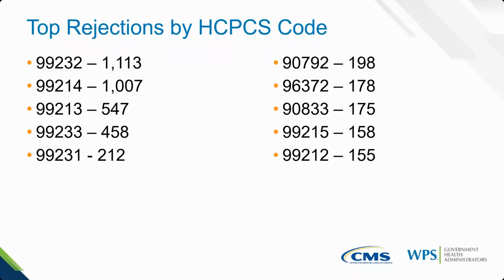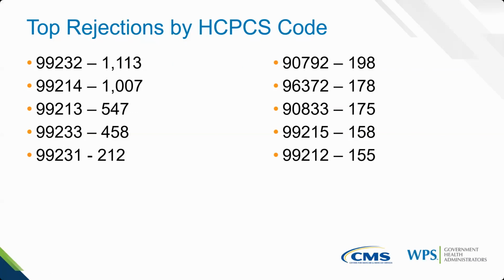The 99232 is a level 2 subsequent inpatient hospital care code. 99214 and 213, also 99215 and 99212 here are office services that were denied within that 3-month time period. More levels of inpatient visits are shown by the 99233, 99231.